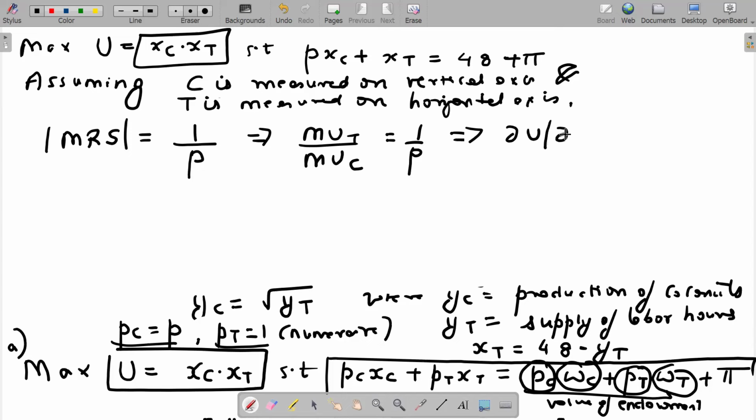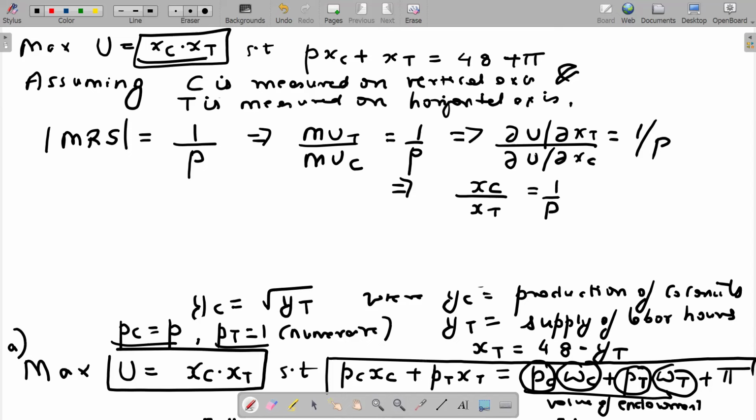Partial derivative of the utility function with respect to T, over MUC, the partial derivative of the utility function with respect to C. I put it equal to 1 over P. Del U by del XT, this is going to be XT and XC, guys, so I can make this correction here. If I partially differentiate this with respect to XT, I get XC. And if I partially differentiate the utility function with respect to XC, I get XT. This is equal to 1 over P.